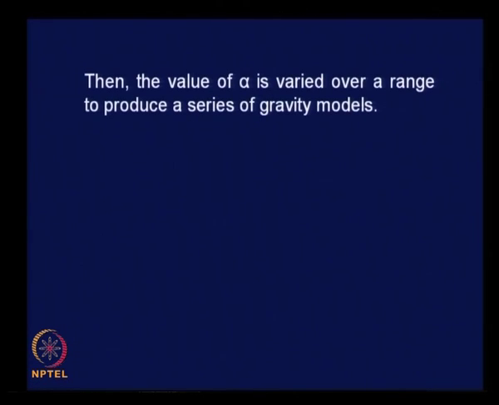Then the value of alpha is varied. See, this process is based on one initial value of alpha that we assume, right, and we are not sure whether that alpha is perfect or representative of the field condition.